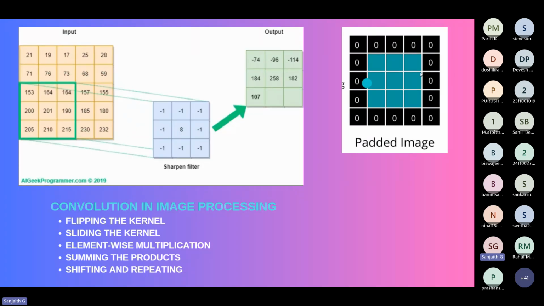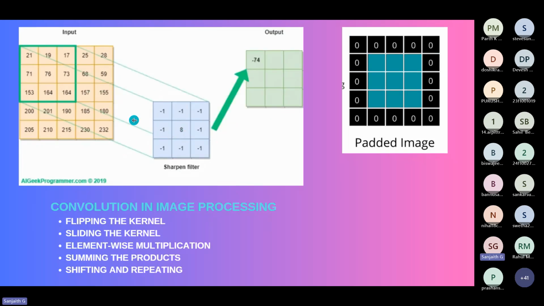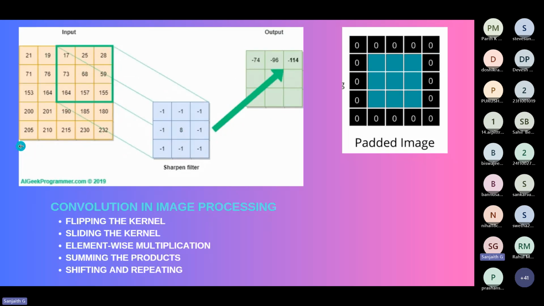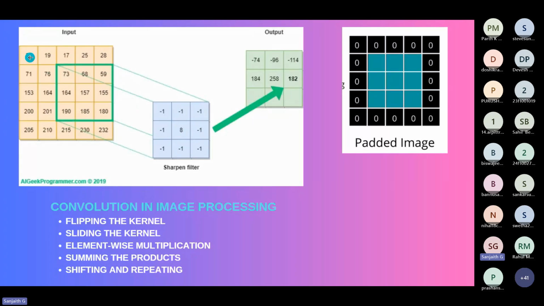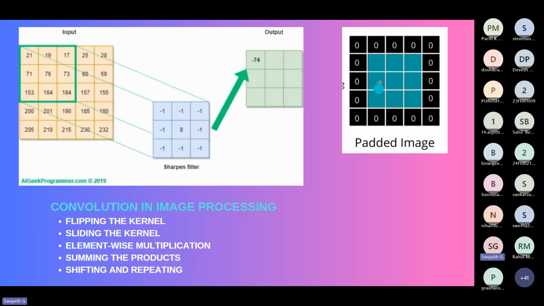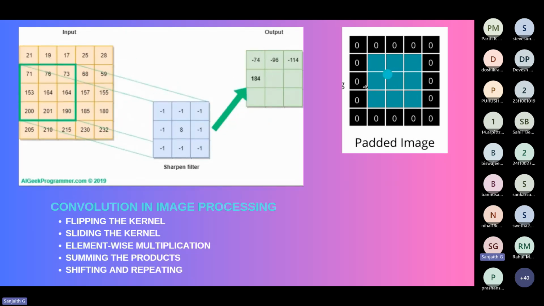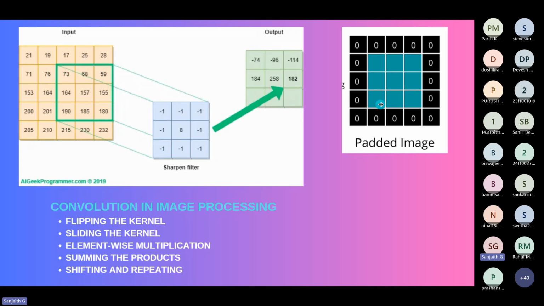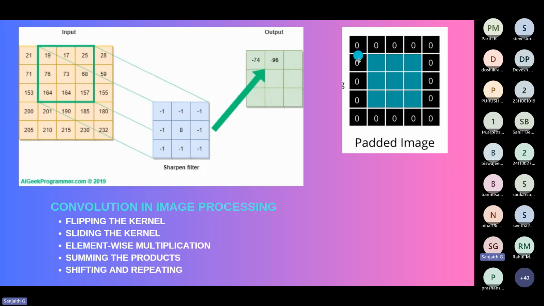That is because while doing the convolution operation, if you have a 3 into 3 image, we want to get an output of a 3 into 3 image only. We should not get something like 1 into 1. That won't be useful for us, and we'd be missing some data. So what Python does is create an extra layer.